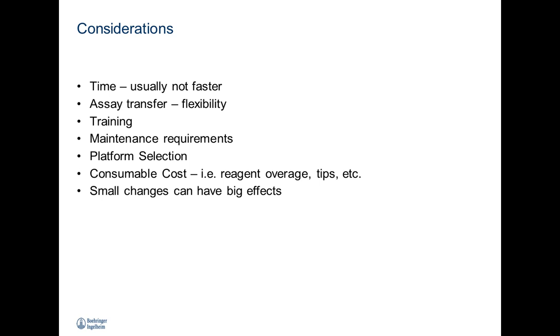In touching back on the assay transfer, one thing that really needs to be looked at is that small changes in how you perform your assay can have big effects in an automated environment in resource allocation and time to completion.